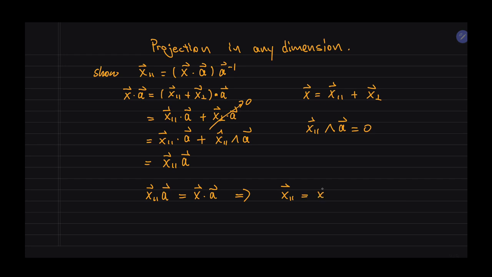So we end up with x parallel equal to x dot a, geometric product a inverse. So we can write x parallel in this form, with the combination of the dot product and the geometric product here.